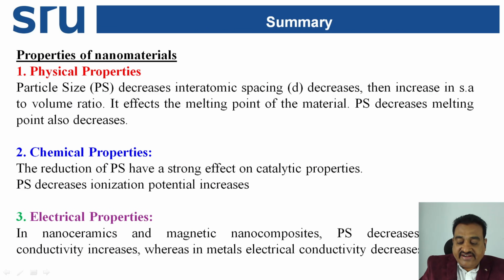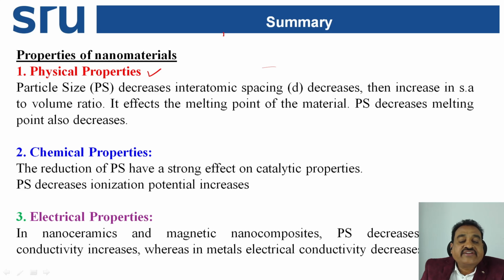So try to understand here the summary of these physical properties. The interatomic spacing decreases with reducing size. By reducing particle size, an increase of surface area to volume ratio is noted. This affects the melting point of the material.